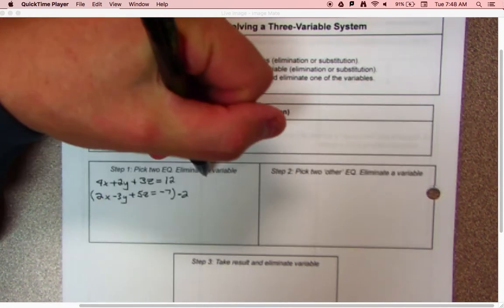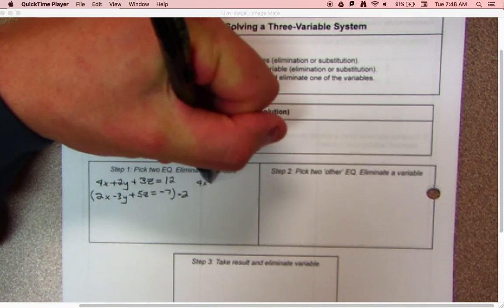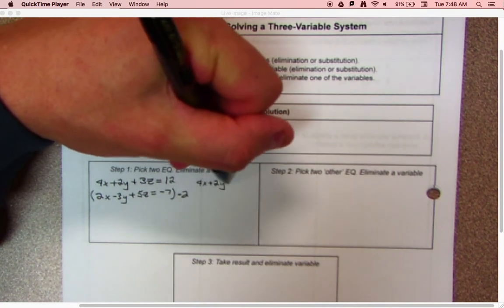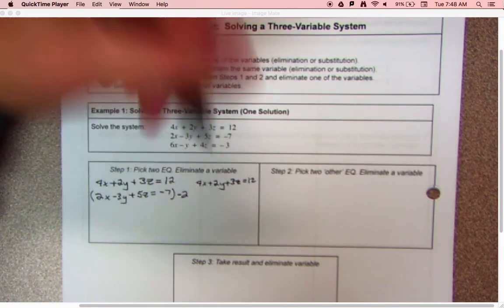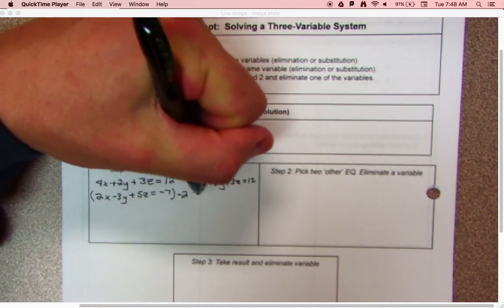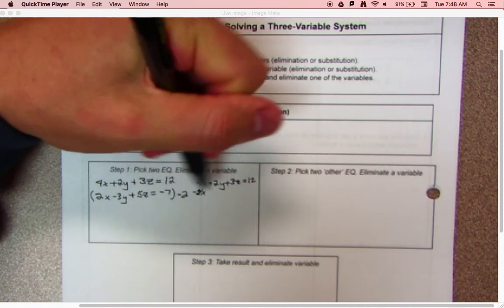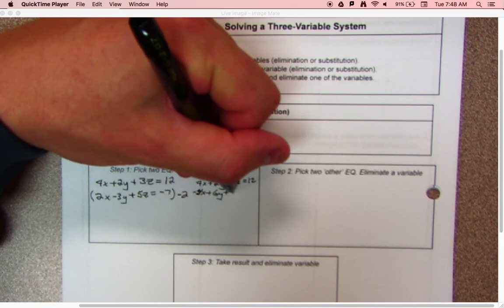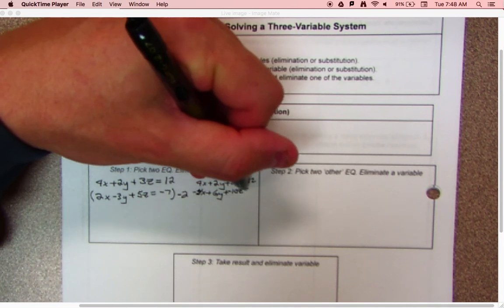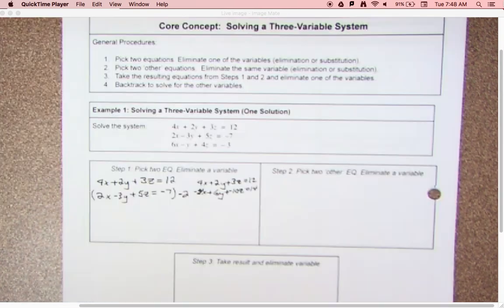So over here on the side, I'm going to rewrite the top equation. 4x plus 2y plus 3z equals 12, and then negative 4x. Negative 3 times negative 2 is 6y, and then I get negative 10z equals 14.